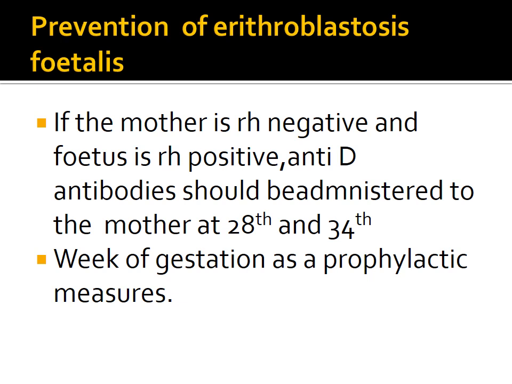Prevention of erythroblastosis fetalis. So if the mother is RH negative and the fetus is RH positive, anti-D antibodies should be administered to the mother at the 28th and 34th week of gestation as a prophylactic measure.